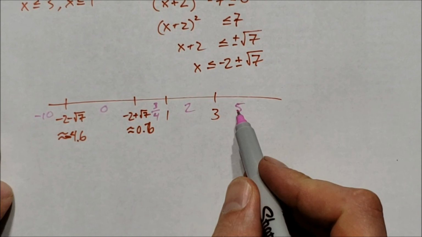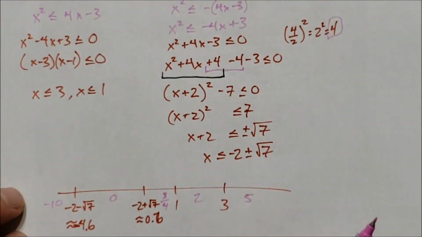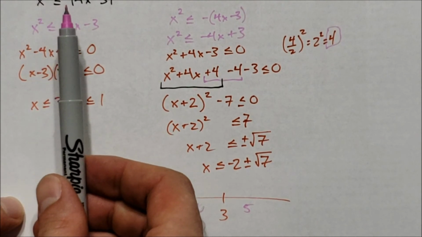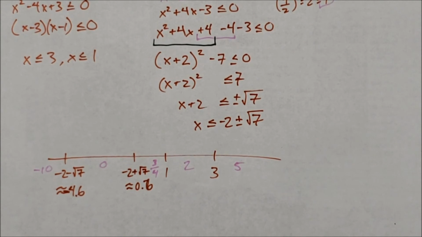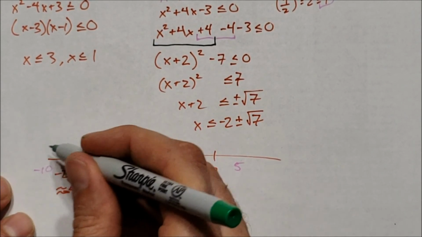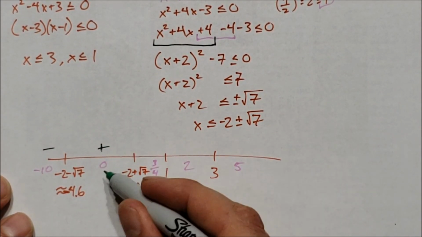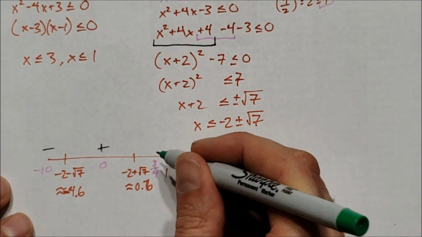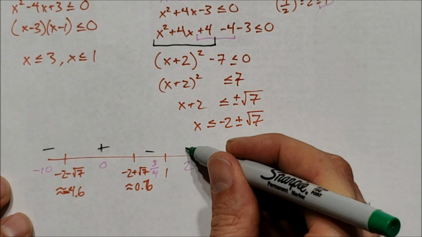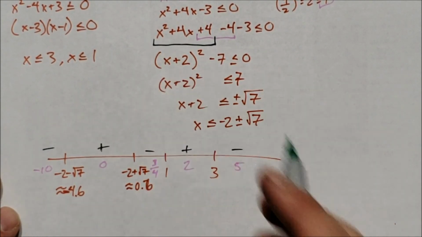We plug these numbers into our original inequality, x squared less than or equal to the absolute value of 4x minus 3. We're going to see that negative 10 fails. We're going to see that 0 does satisfy the original inequality. 3/4 fails, 2 passes, and 5 fails when we plug 5 into the original inequality.